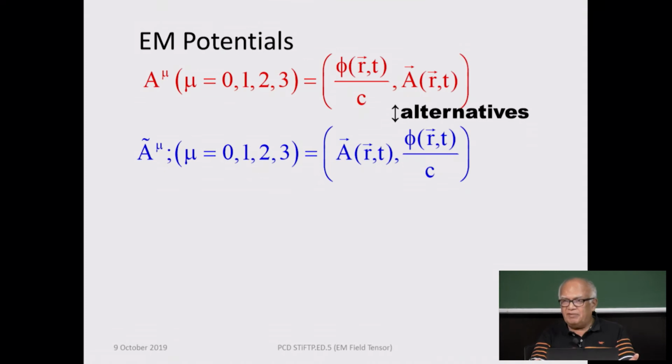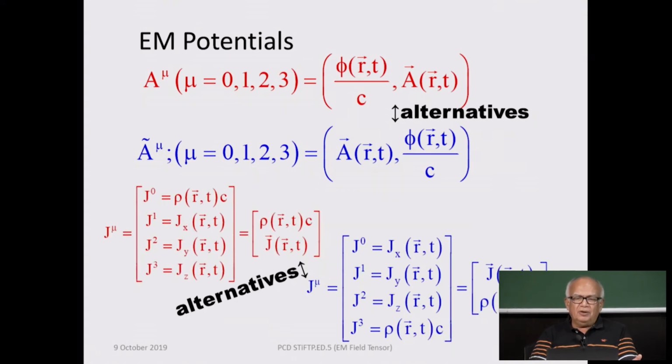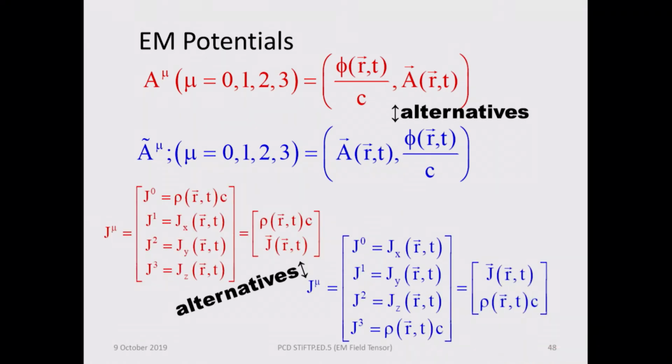It is completely equivalent, but then you will get an alternative form for all the equations that you got, and the alternative is coming also because the current density vector is now J first and rho C next, rather than the previous case where you had rho C first and J next.